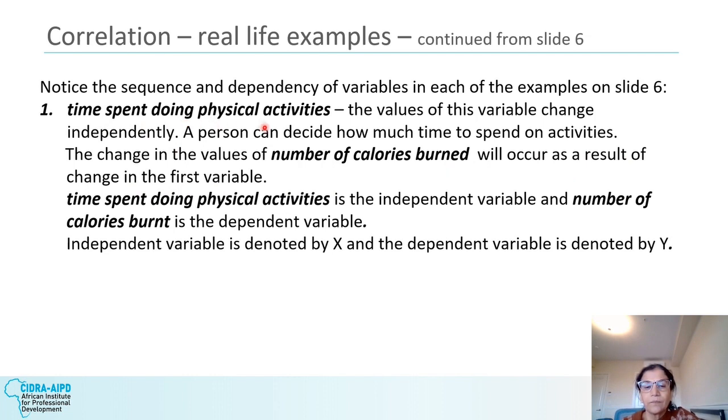So in this example, time spent doing physical activities is the independent variable and number of calories burned is the dependent variable. Independent variable is denoted by X and dependent variable is denoted by Y. If you remember, that's why we had taken the X variable on the X-axis and the variable Y on the Y-axis.